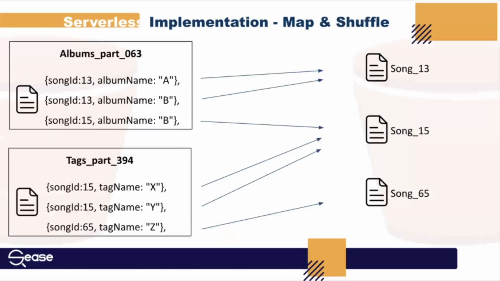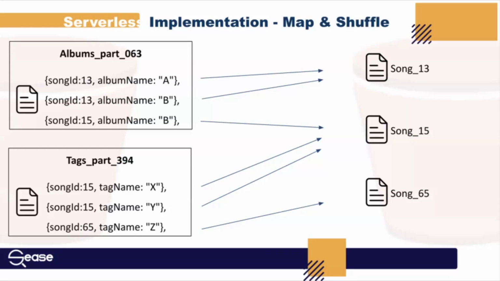Let me come back, because there is another optimization. When we request data from the database, I require the database to provide all data sorted by the key. In our example, all data are sorted by song ID.